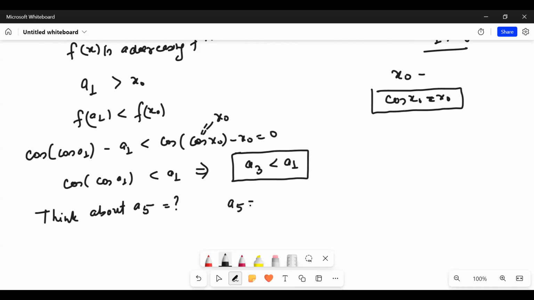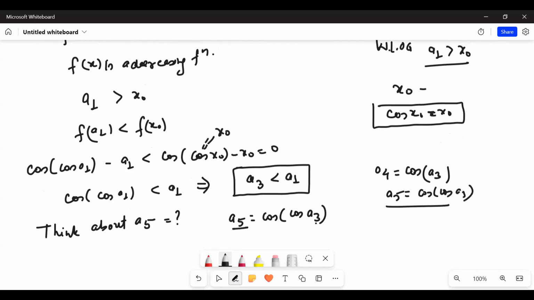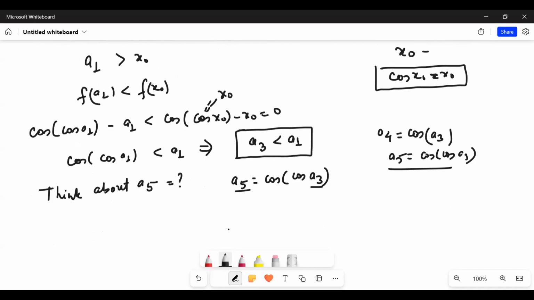A4 would be cos of a3, and a5 would be cos of a4, which is cos of a3. So in order to compare a5 and a3, we have to compare a3 and cos of a3. I think it is clear.